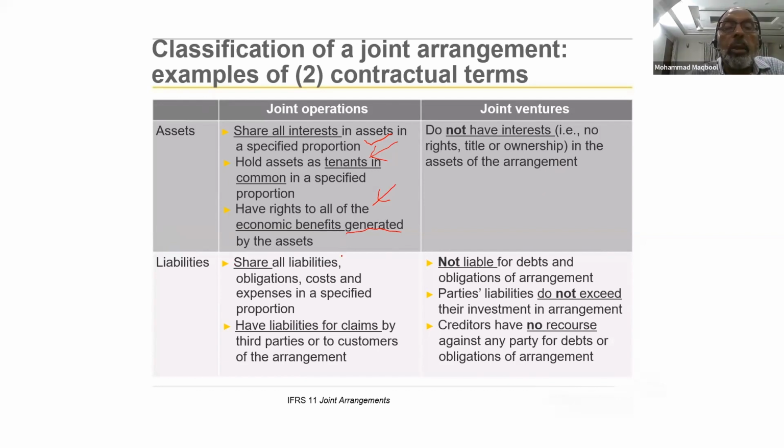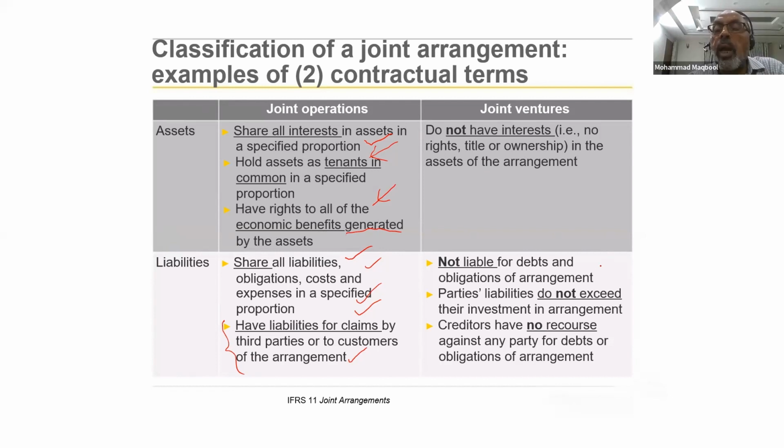Liability. The investors share all the liability, obligation, cost, expenses in a specified proportion, and have liability for claims by third parties, the customers of the arrangement, because there's no limited liability concept there. So the customers, the lenders and the financial institutions can have a claim for their liability.